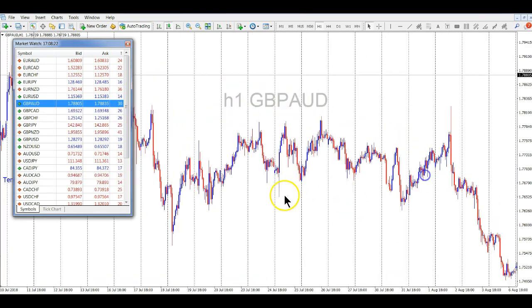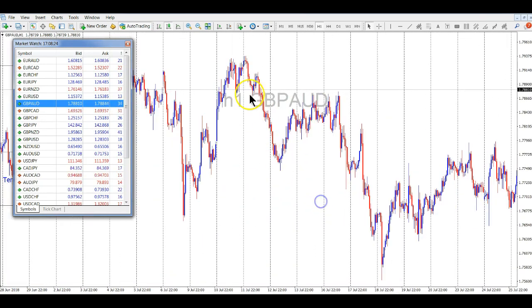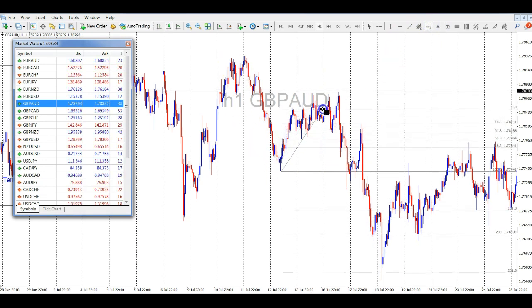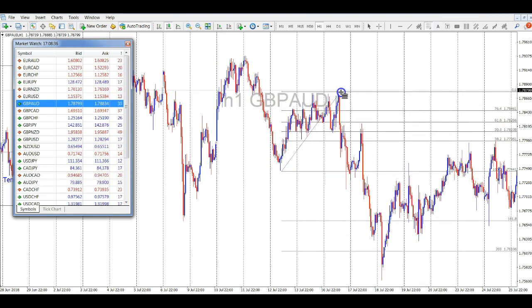Okay, so we see this is down moving. We want to get in and go down, take a sell. So we see this little pullback here. And so you can get in wherever you decide that your system gave you a sell signal.